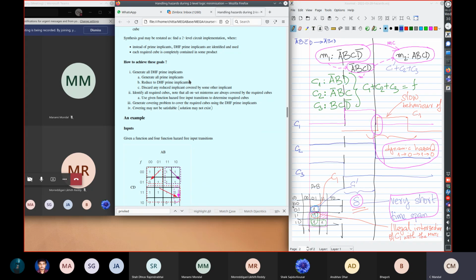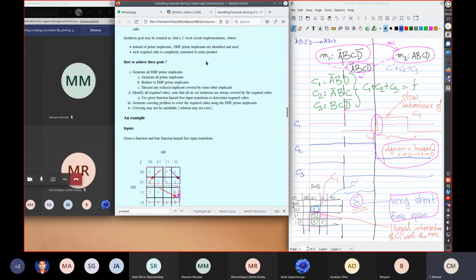First of all, you generate all the prime implicants, which you already know how to do. And then you reduce those to DHF prime implicants. That you do by removing those illegal intersections. And after you have pruned, you might have some things left over which are redundant. Anyway, even if you keep those, it doesn't matter because the covering mechanism will get rid of those anyway.